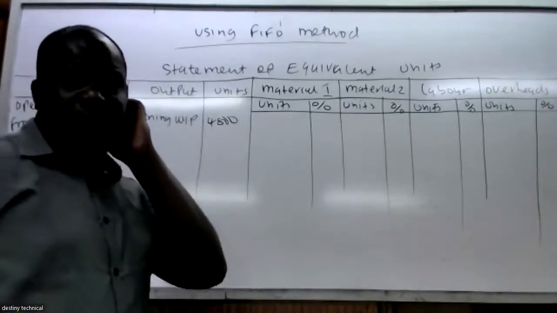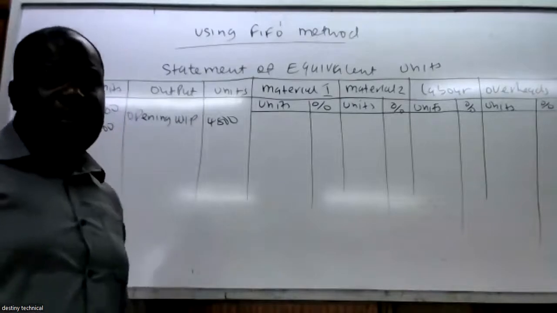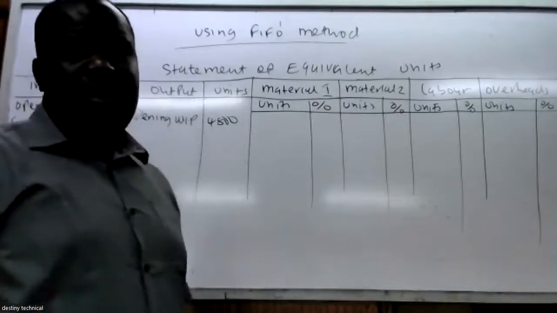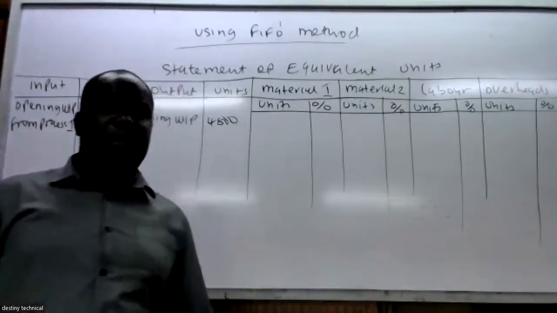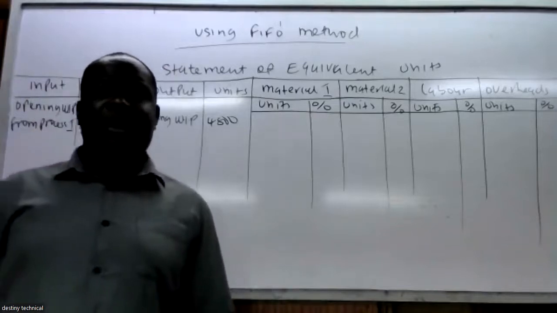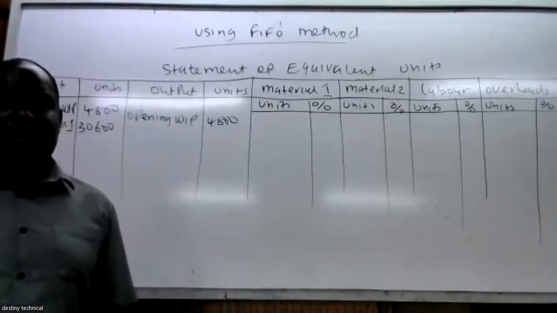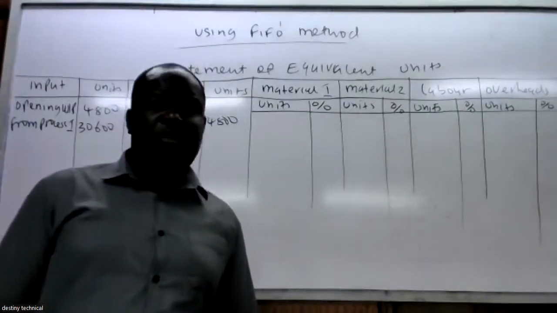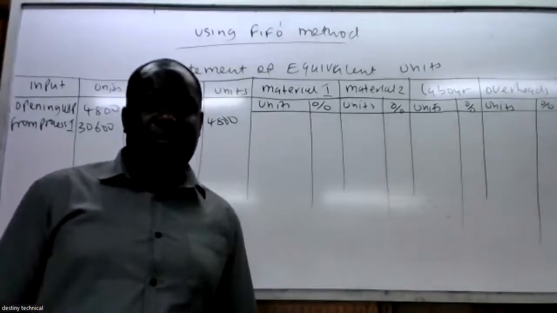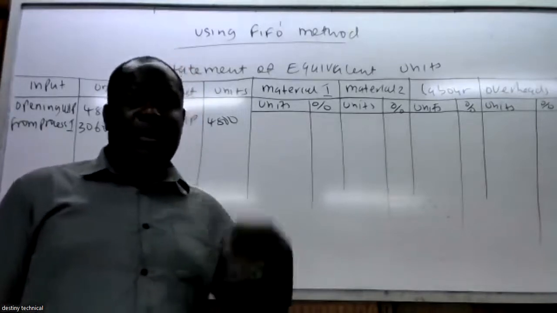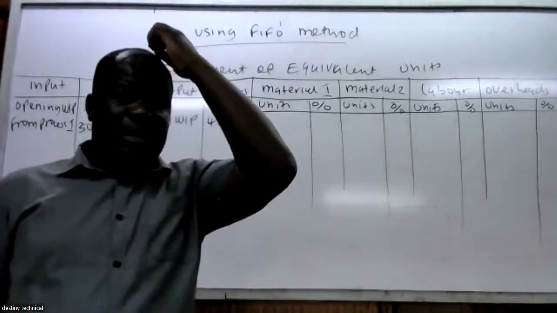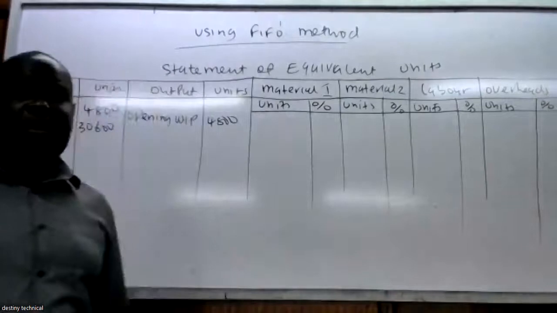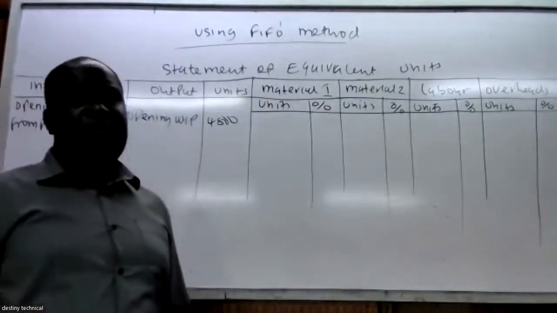Among the notes I gave you, we had written that if the question has 2 types of materials, that is material 1 and 2, but they have only given you 1 degree of completion without indicating whether it is for material 1 or material 2, we normally assume material 1 is 100% complete. So the one given is meant to be for material 2.